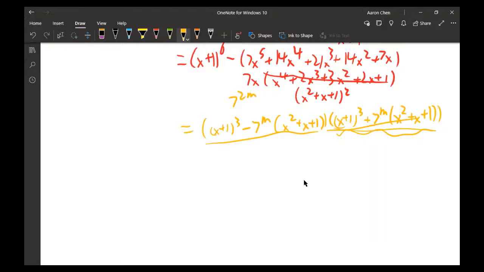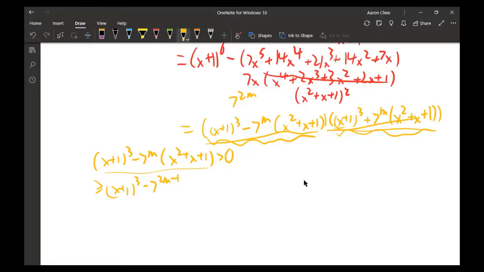And so first of all, clearly this is greater than 1. So we just need to show that this is greater than 1. And so basically just x plus 1 cubed minus 7 to the m times x squared plus x plus 1 is greater than 0. And so this expression is at least equal to x plus 1 cubed minus 7 to the 2m minus 1 times x squared plus x plus 1.